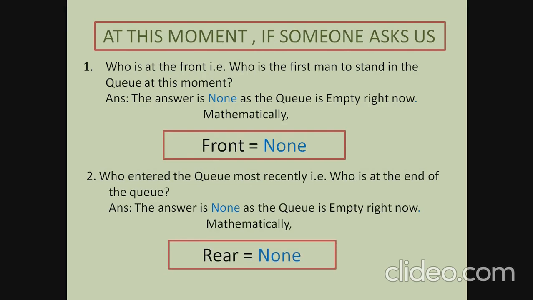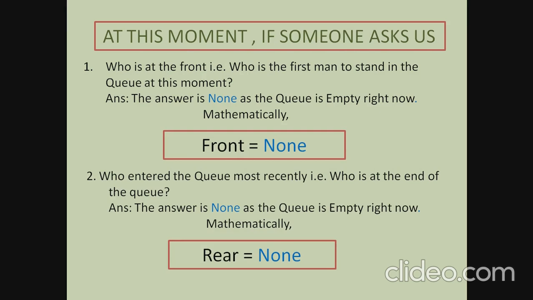So no subscript number has to be given to front and rear now. We all know that front and rear keep the subscript numbers. Front keeps the subscript number of the first man standing in the queue, and rear keeps the subscript number of the last man standing in the queue. So for a Python programmer, front keeps the subscript number of the first element kept in the queue, and rear keeps the subscript number of the last element kept in the queue.